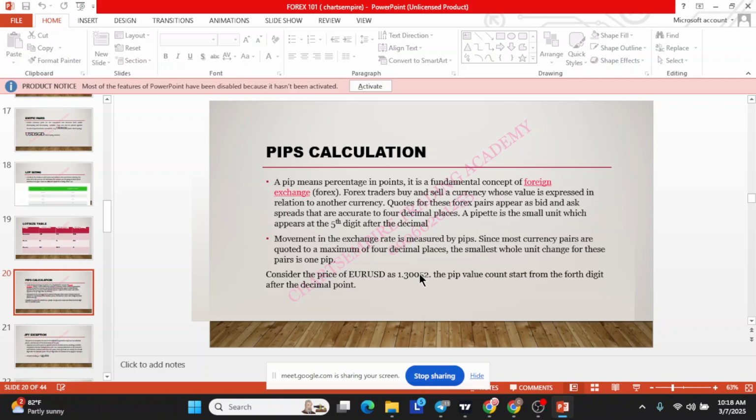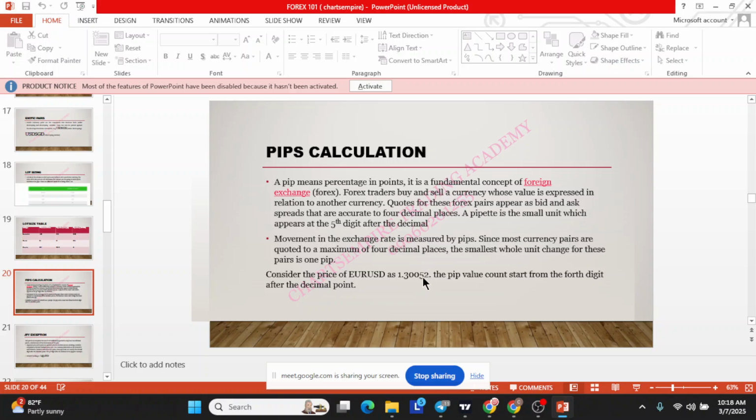Just as we have 60 seconds to make 1 minute, in trading 10 pipettes, not 60 pipettes, make 1 pip. So if this number should sum up to 9, the next number is going to approximate this 5 to 6.